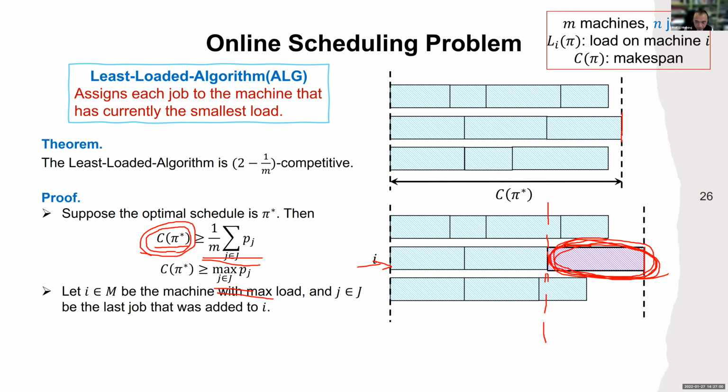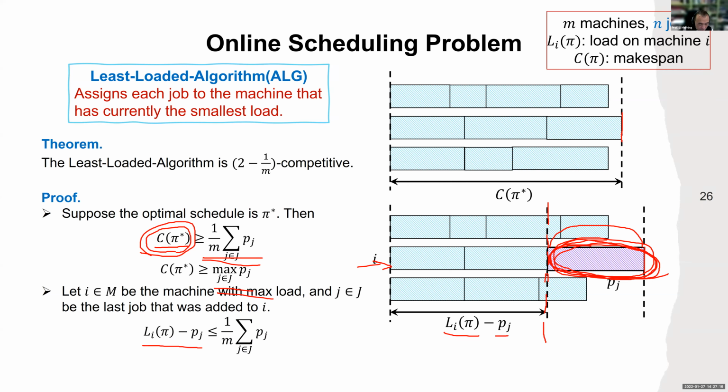Okay, so then what's the benefit of this observation? Well, the benefit is now we consider the load of machine i minus Pj. Then what's your conclusion? The conclusion is this value is at most the average workload of all the jobs. Because at this time point, every machine has something to do, right? No machine is empty.